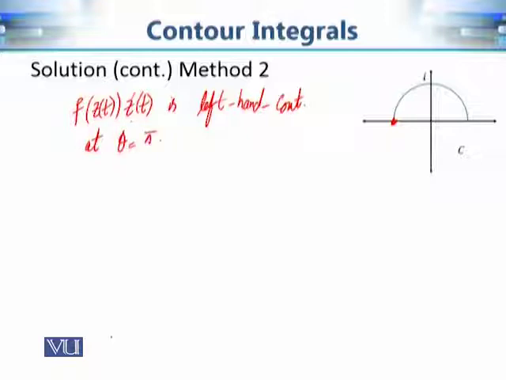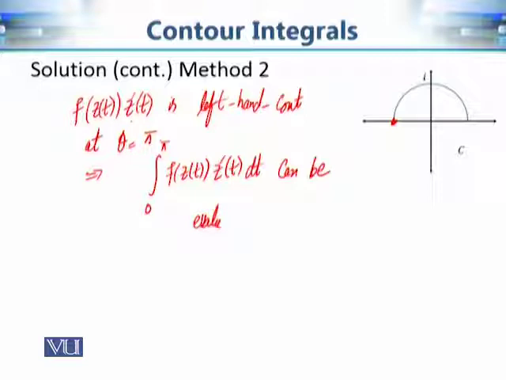Okay, so this implies that this integral, from 0 to pi of f of z of t, z prime of t dt, can be evaluated, since the integrand is piecewise continuous.